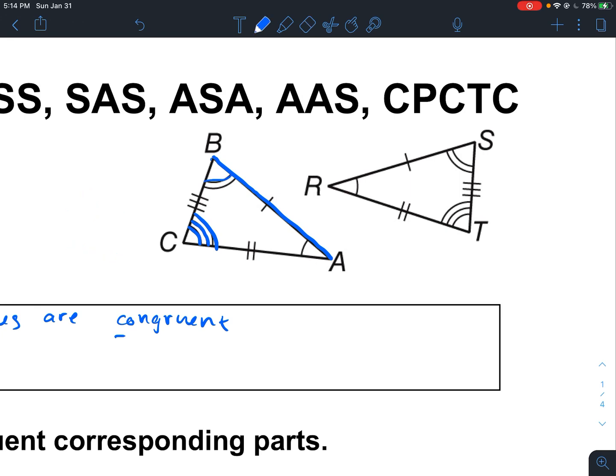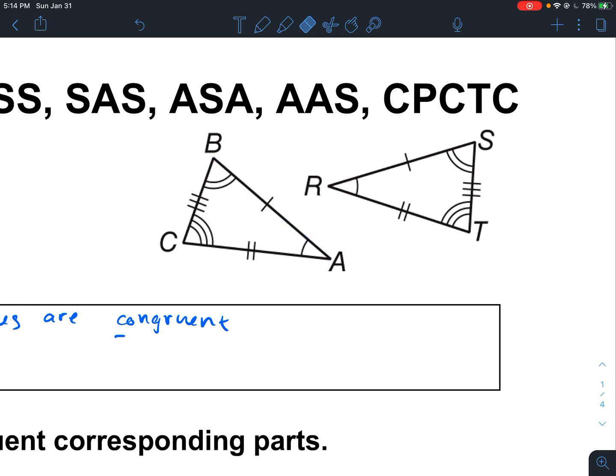If angle B was smaller, then that would mean that CA, this line segment, would be smaller. So pretty much what I'm saying is that the length is determined by the angle opposite to it.